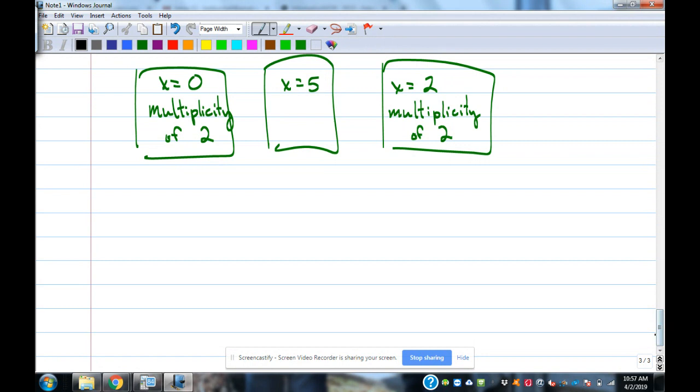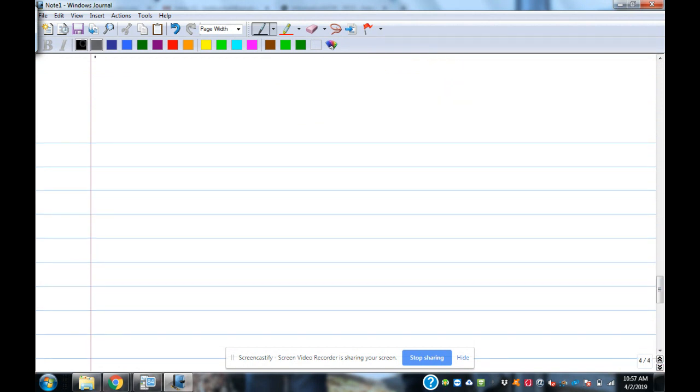Okay. Let's look at 17. We've got f of x is equal to x to the 4th minus 2x cubed minus 12x squared minus 6x minus 45.